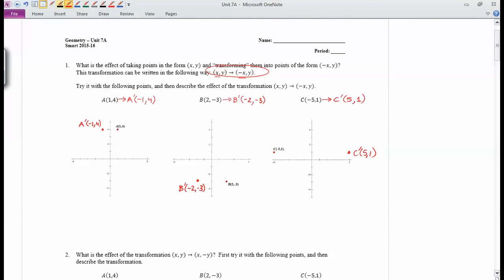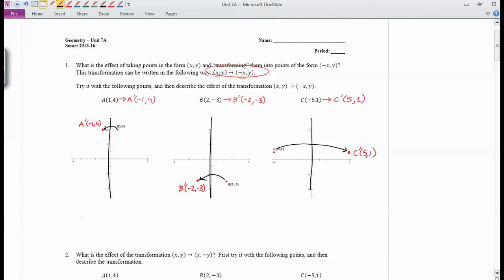And what's happening, if you think about it, is the y stays the same, the x flips signs, and visually we're bouncing these points across the y-axis and getting a mirror image of it.